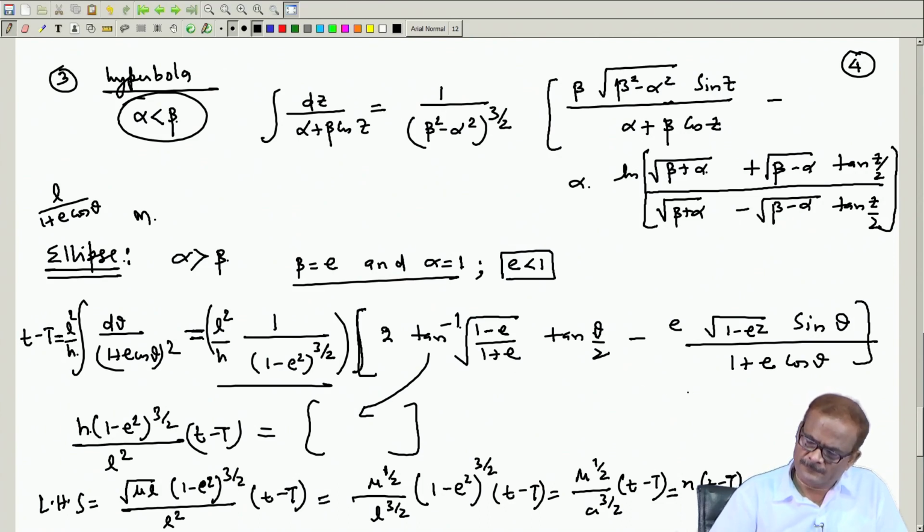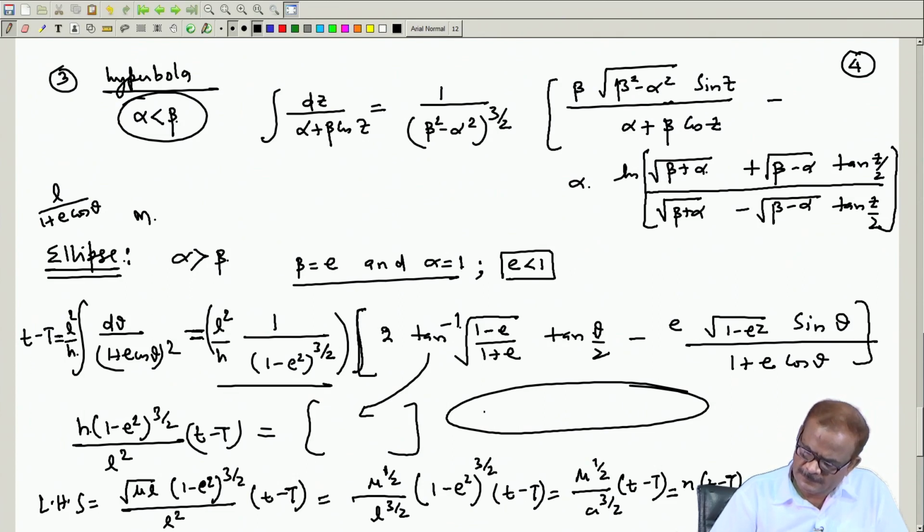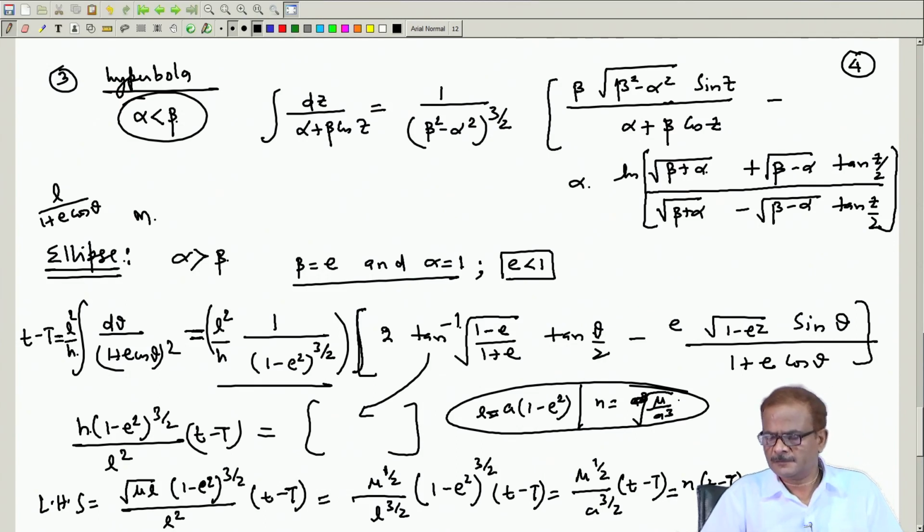Okay. What information are we using? We have used L equal to A times (1 minus E square) and n equal to the square root of mu by A cube, as we have used earlier. So, this information we are utilizing.